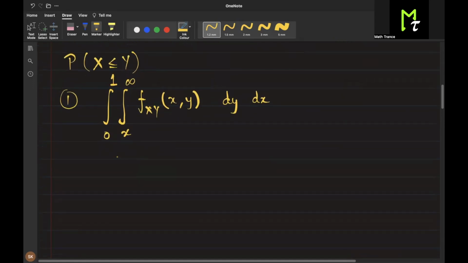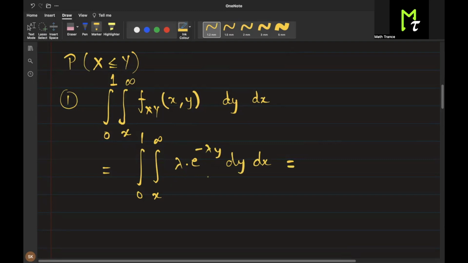So now let's solve for this. What will this become? 0 to 1 limit. We have already discussed that it is this value. Performing this integration first with respect to y, the lower limit is x, upper limit is infinity.